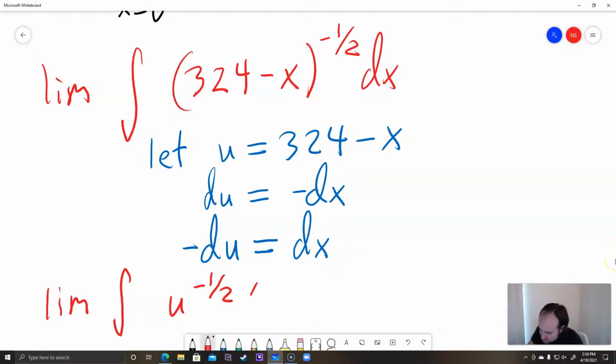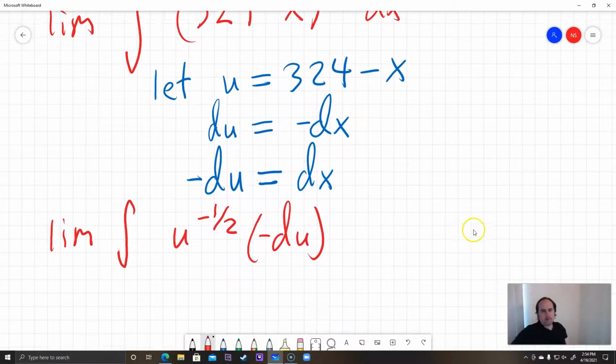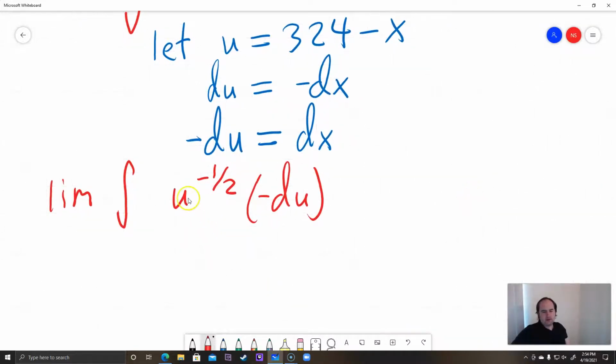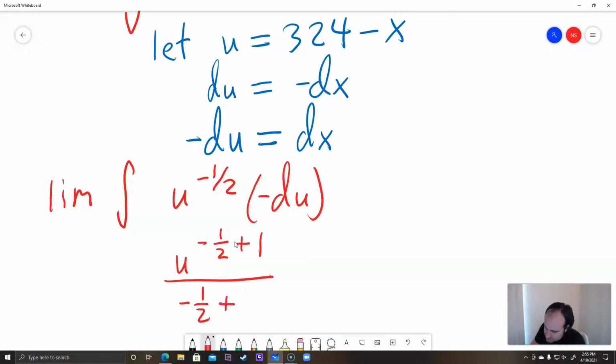So we're going to have a negative du here. All right? And then if we integrate that, we can just use the power rule. So we add 1 to the exponent, and then we divide by the new exponent. So that's going to give us u to the negative 1/2 plus 1 divided by negative 1/2 plus 1.